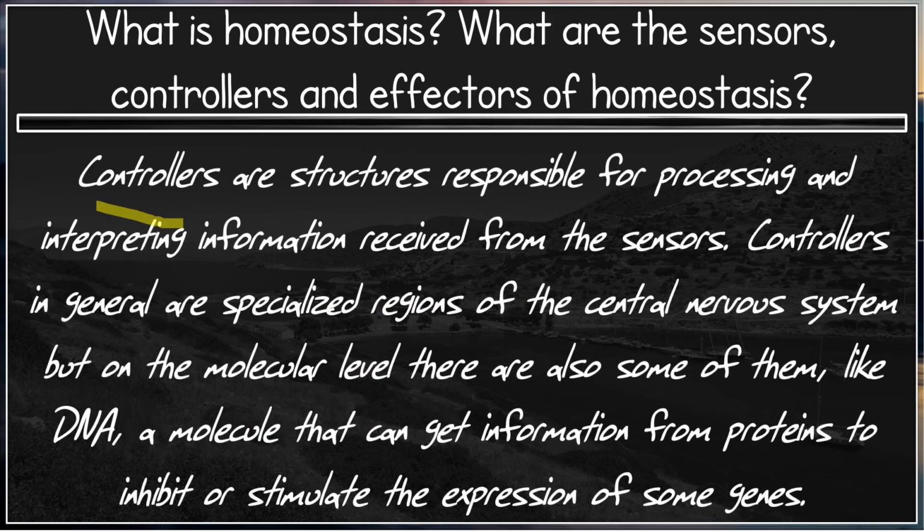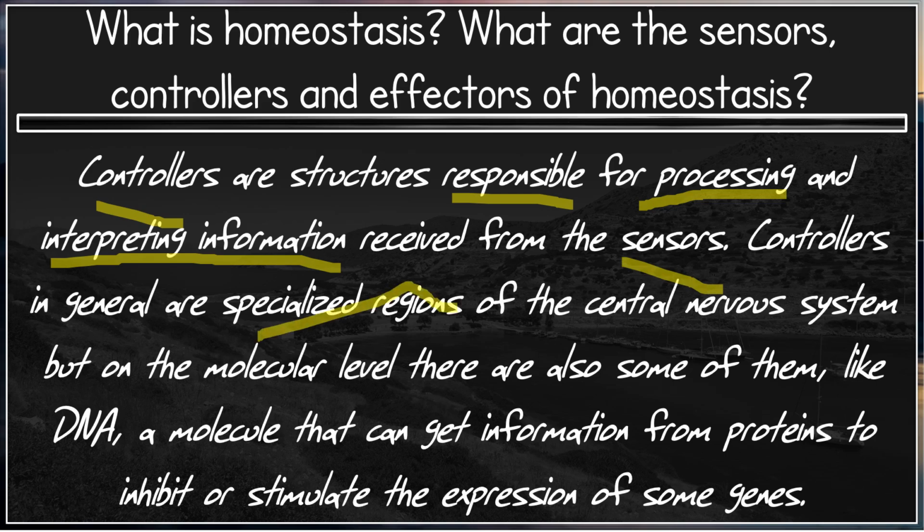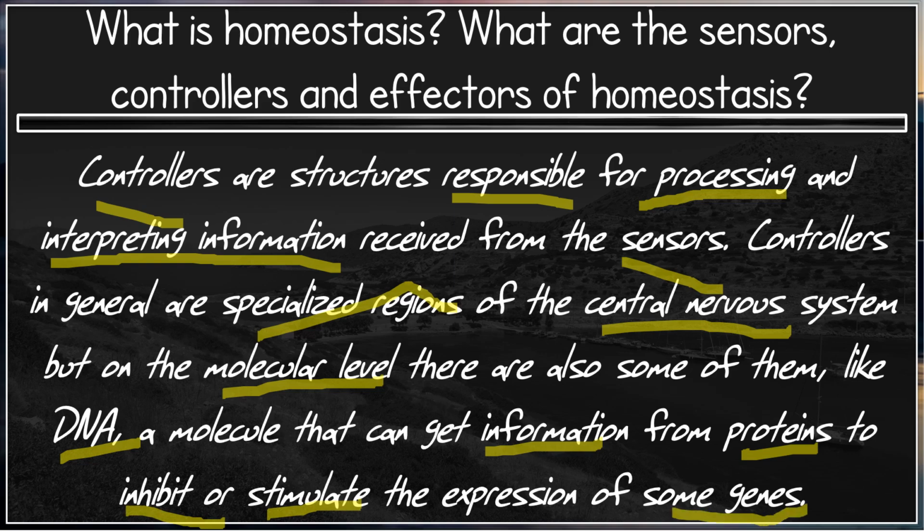Controllers are substances responsible for processing and interpreting information received from the sensors. Controllers in general are specialized regions of the central nervous system, but on the molecular level, there are also some of them, like DNA molecules, that can get information from proteins to inhibit or stimulate the expression of some genes.